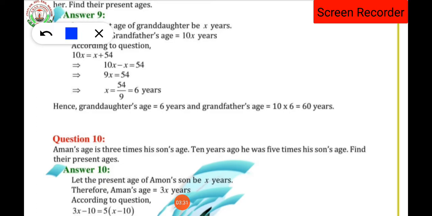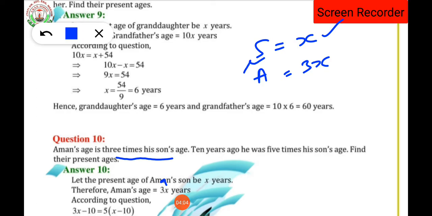First of all, what are we going to consider? Here Aman's son's age we will consider as x. Present age of son will be x. Since the question says Aman's age is 3 times the age of his son, and the son's age is x, Aman's age will be 3x.